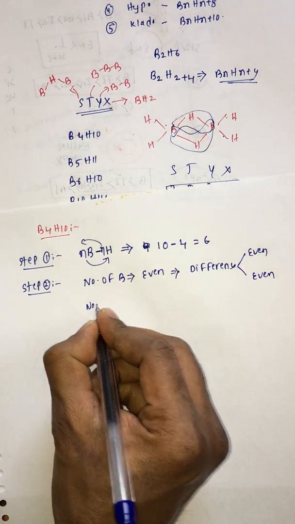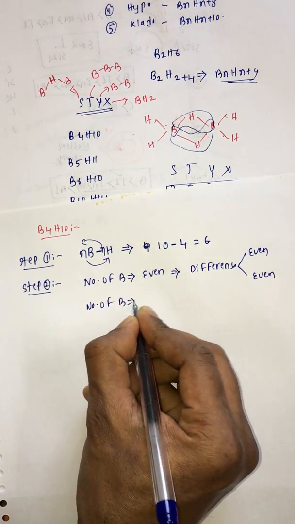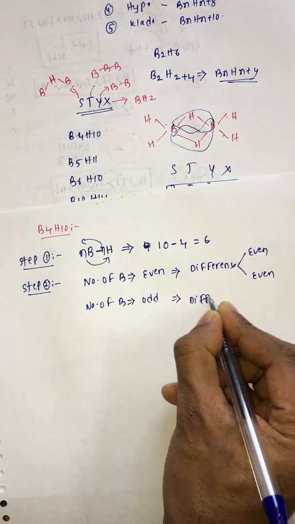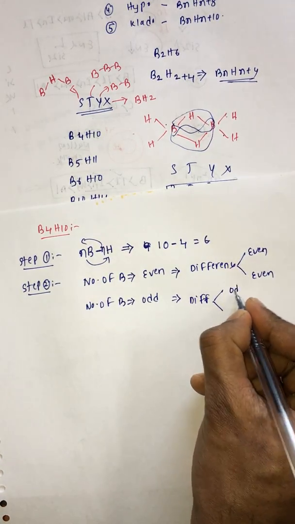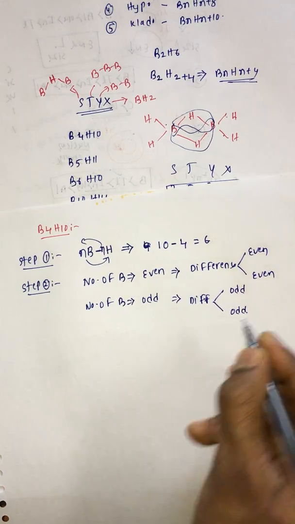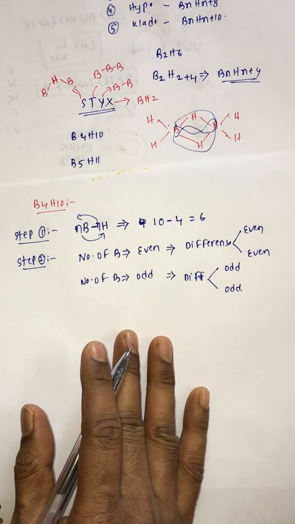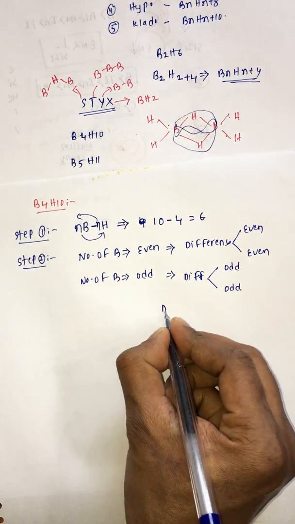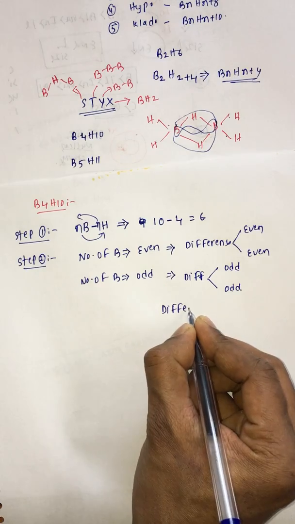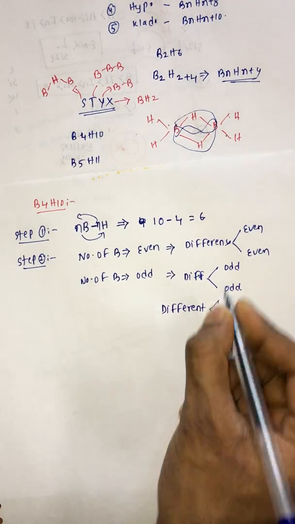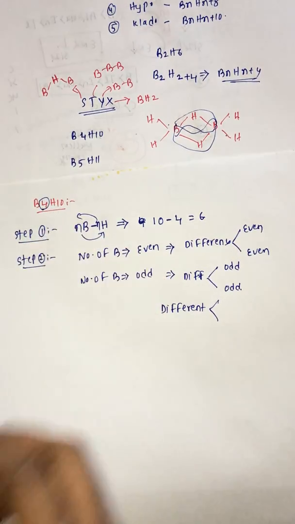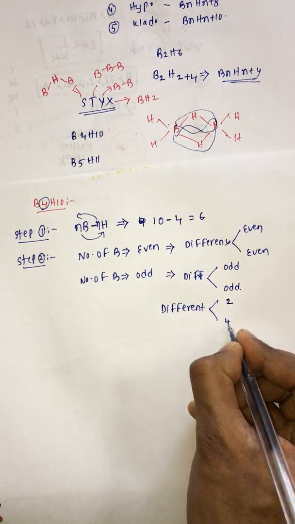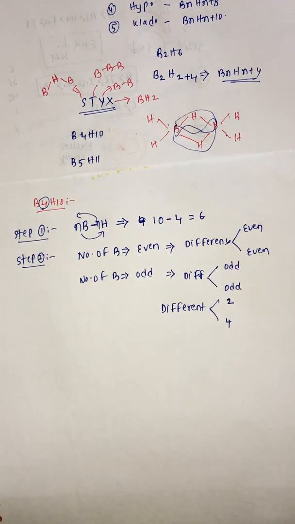If the number of borons is odd, then we have to divide the difference into 2 odd numbers. Now we have B4H10, and the difference is 6. So we split the difference into 2 even numbers, because the number of borons here is even. So we can say 2 and 4, because 2 plus 4 equals 6.